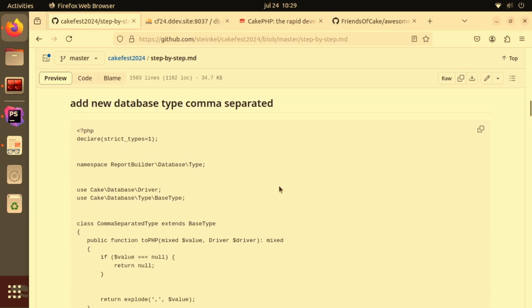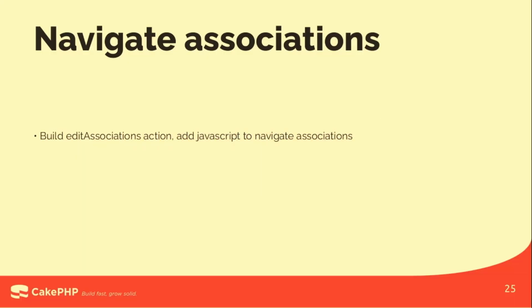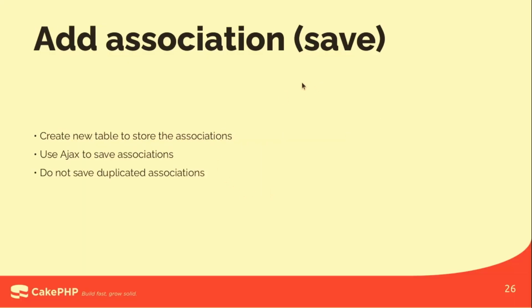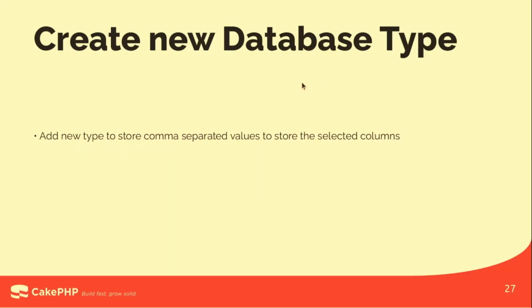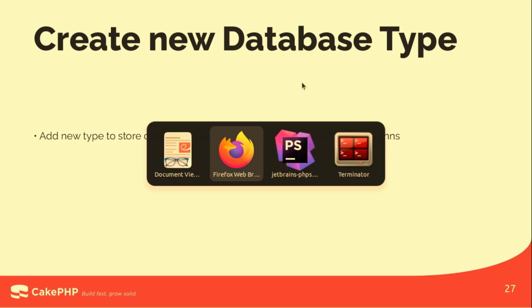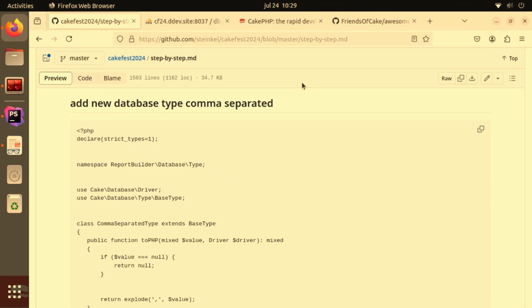Okay, so let me go there. So for the next slide here, what we're going to do is actually select the columns. You remember this huge list of checklists with all the columns that you can check and select which columns you want to save.